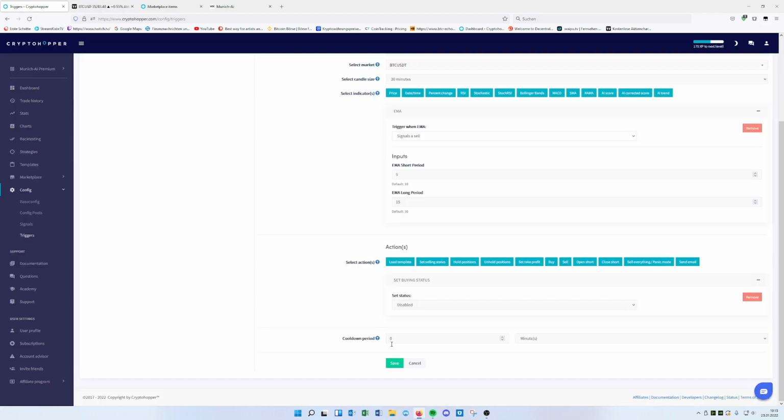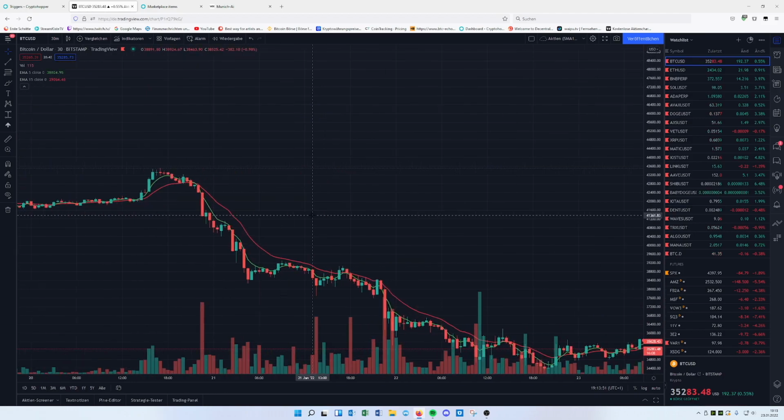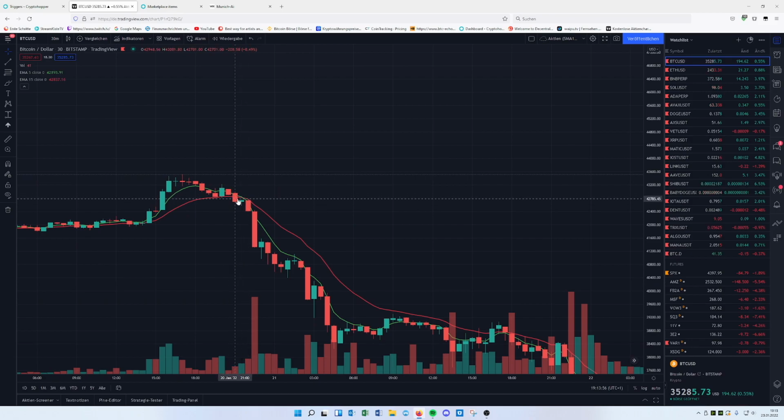If you would have activated the EMA trigger on the 5/15 on time frame 30, you would see what would have happened in the crash. The Bitcoin crosses here. You have some candles here. It could happen that you get a buy somewhere here, but it's only one buy, so don't worry.